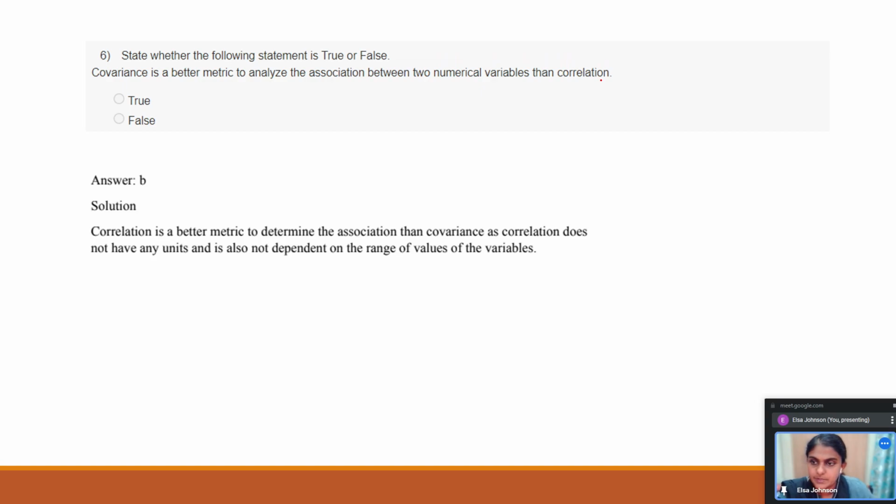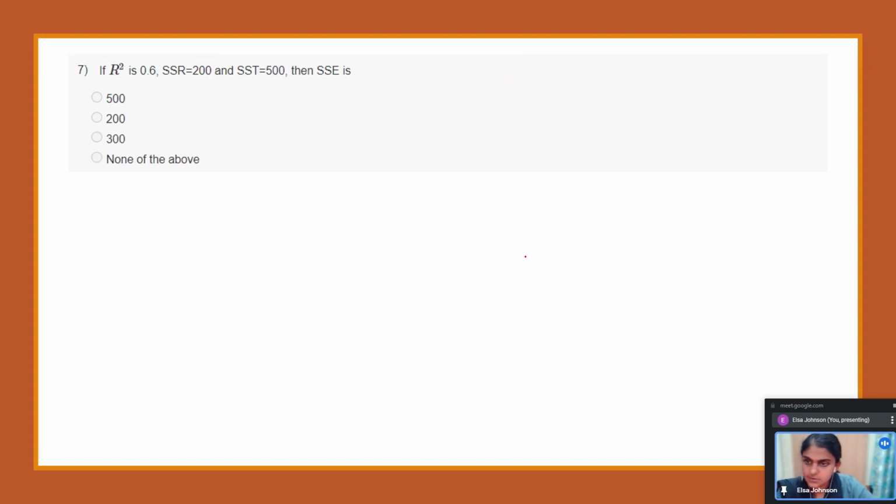Okay, so correlation, yes, I think this question was asked earlier also. Correlation is a better metric to determine the association than covariance, right? As correlation does not have any unit and is also dependent on the range of values of the variables. Okay, so the answer is false.